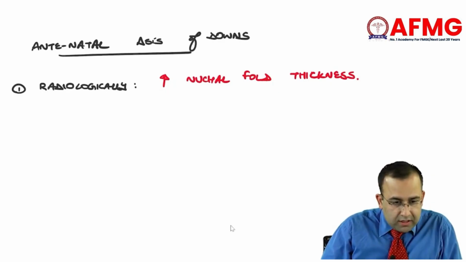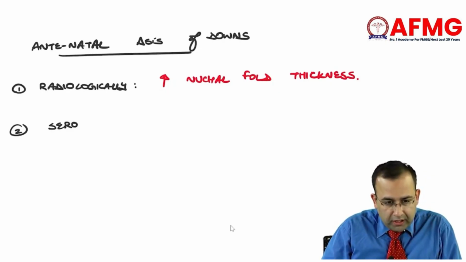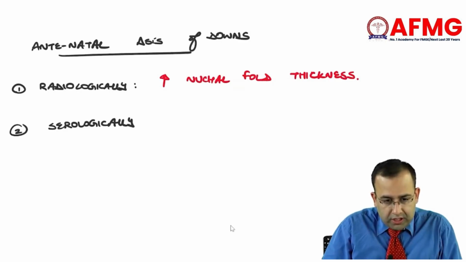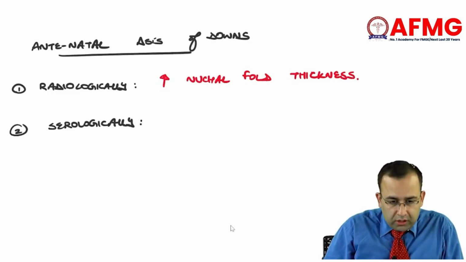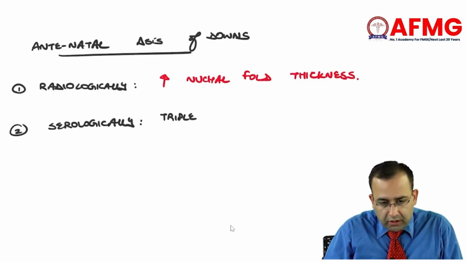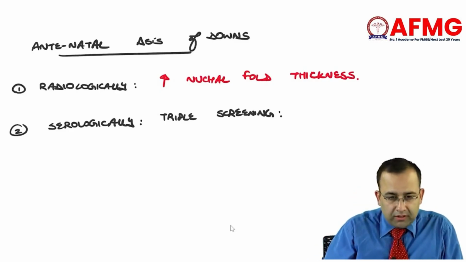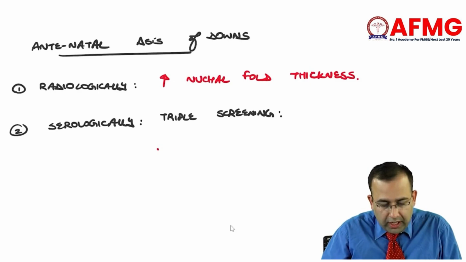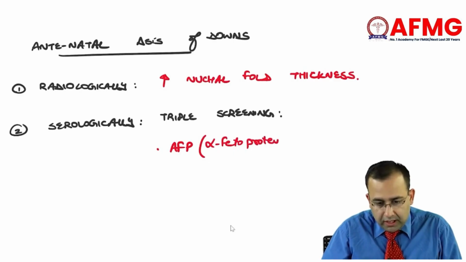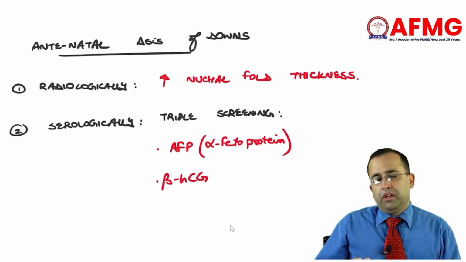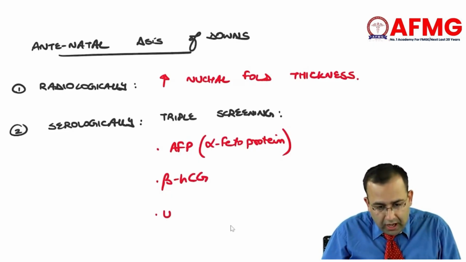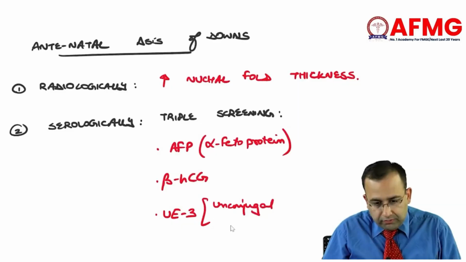Next is serologically. For making an antenatal diagnosis of Down syndrome, serologically, we can do the triple screening or quadruple screening of Downs. Triple screening मतलब हम लोगों ने 3 markers देखे, that is AFP, alpha fetoprotein, beta HCG, beta human chorionic gonadotropin, and UE3, that is unconjugated estriol.